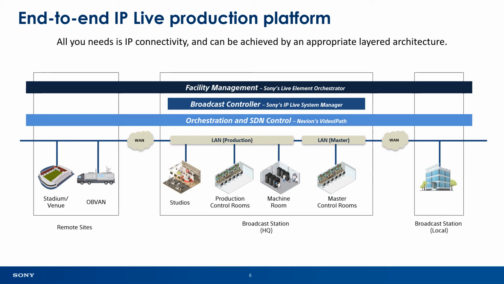For the orchestration part, we could utilize Nevion SDN technology. Sony Live System Manager takes the role of broadcast controller, acting basically like a routing station, like a legacy SDI router. And Live Element Orchestrator will be the facility management application of the whole IP platform.